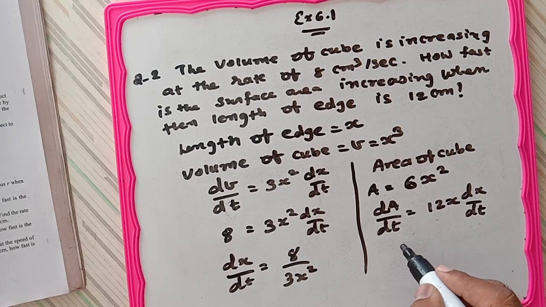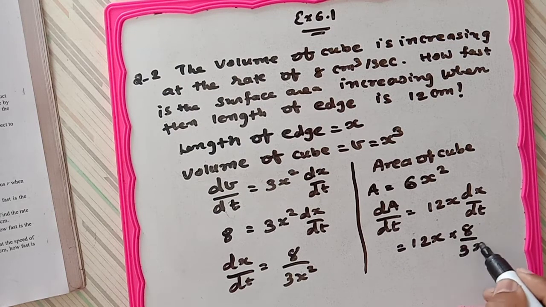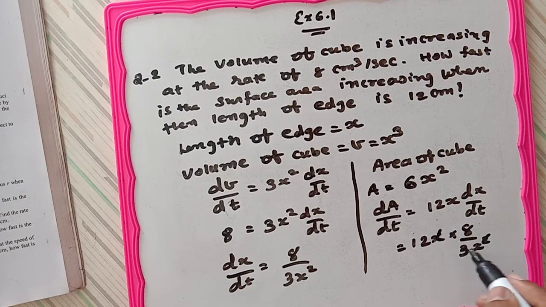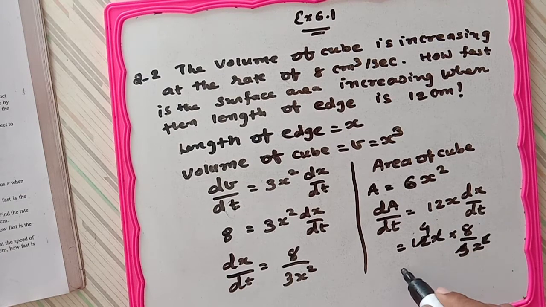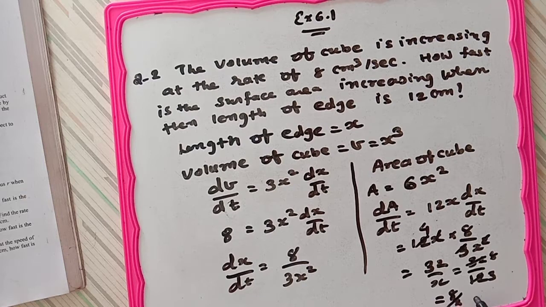Substituting dx by dt, we have 12x into 8 by 3x square. So x cancels, 3 fours are 12, and so it is 32 by x. Now x value is given as 12 centimeter, so 32 by 12, which is 8 by 3 centimeter square per second.